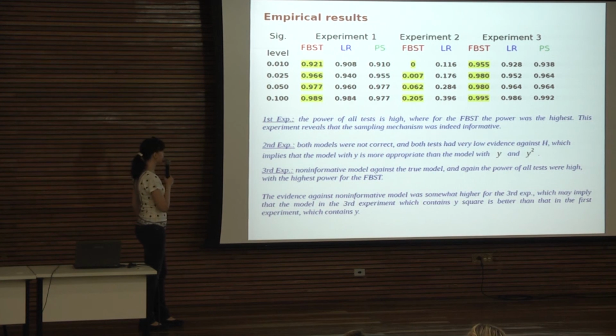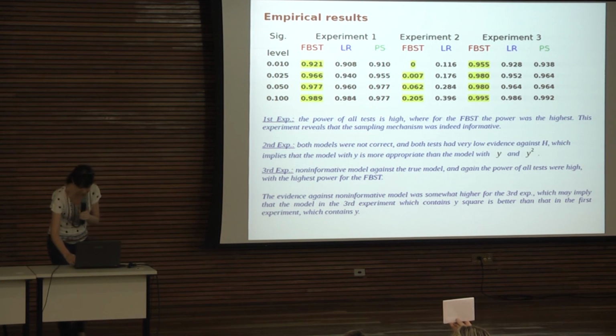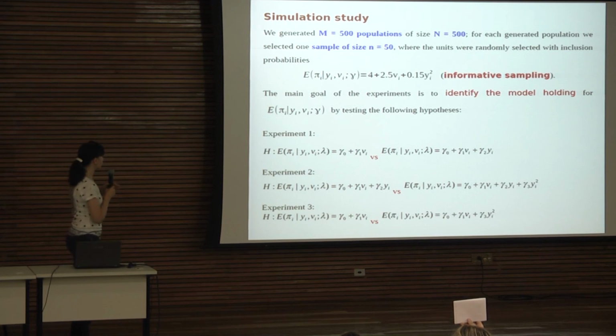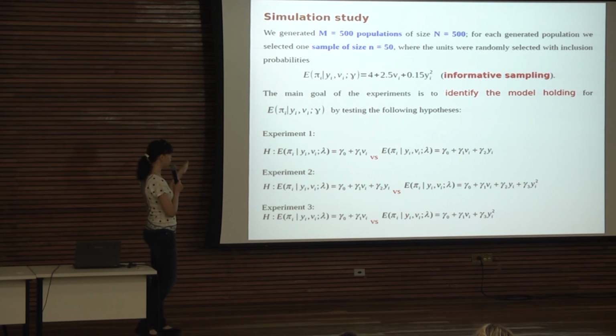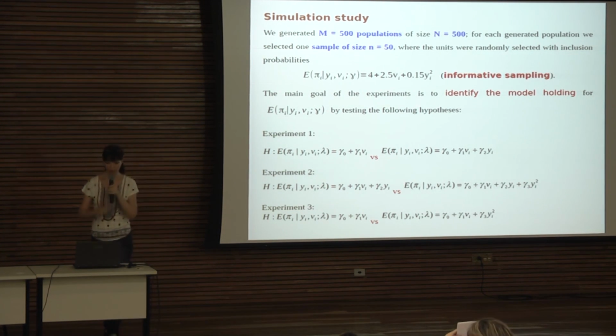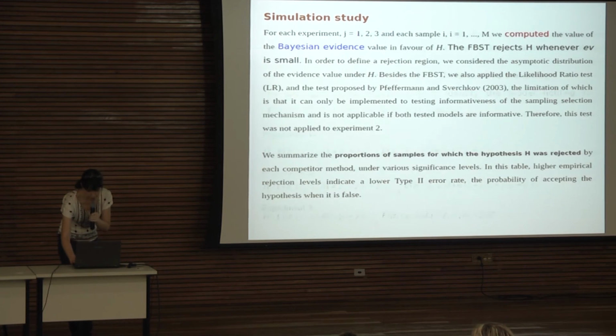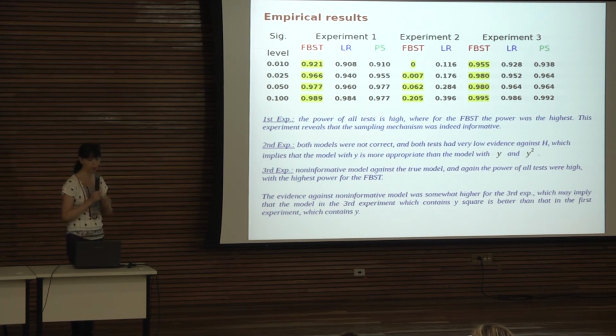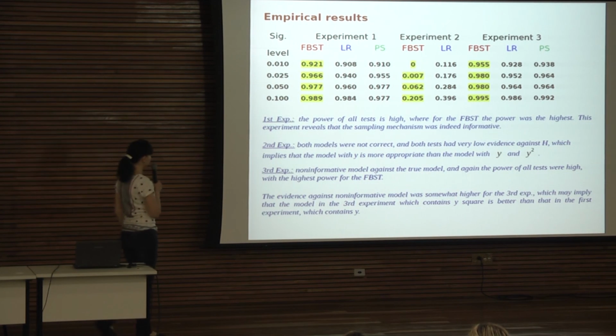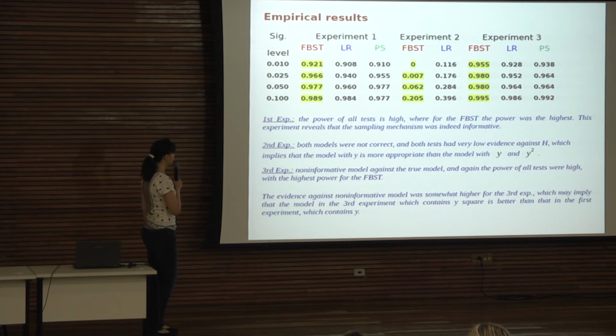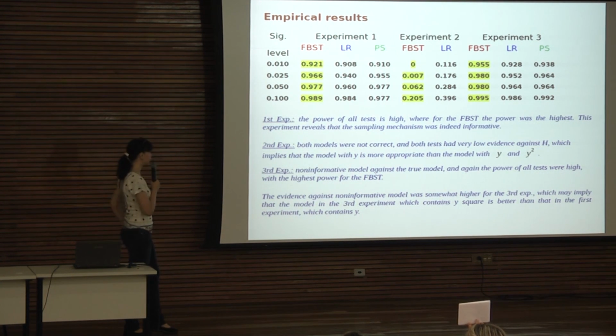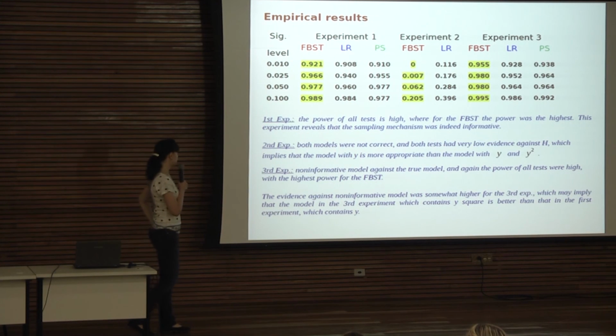In the first experiment, we tested the non-informative model against the informative model, and the large powers of the tests imply that the informative model is more appropriate than the non-informative model. This experiment reveals that the sampling mechanism was indeed informative.